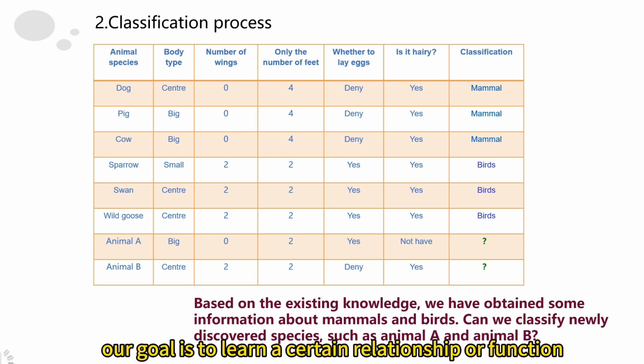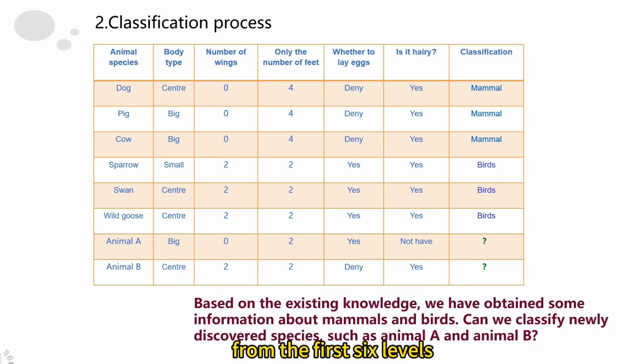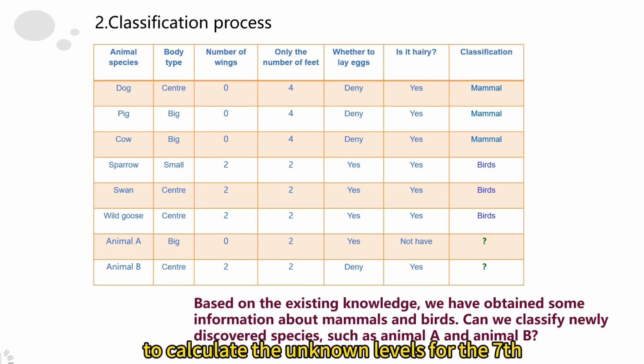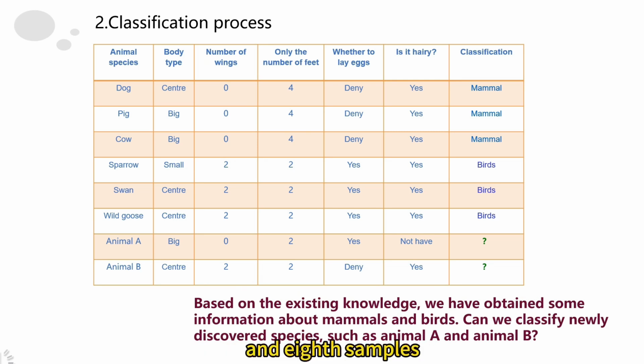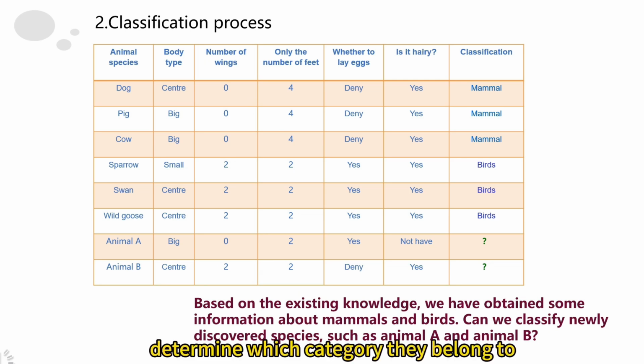Our goal is to learn a certain relationship or function from the first 6 samples, and then apply this relationship to calculate the unknown labels for the 7th and 8th samples, determining which category they belong to.